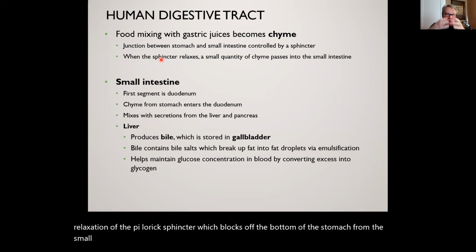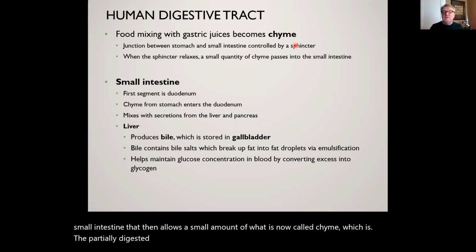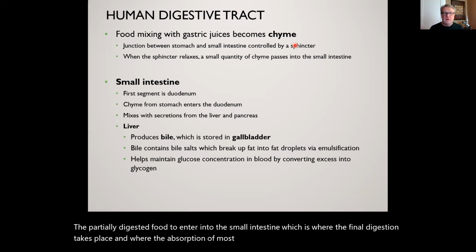That then allows a small amount of what is now called chyme, which is the partially digested food, to enter into the small intestine, which is where the final digestion takes place and where the absorption of most of the nutrients is going to take place.